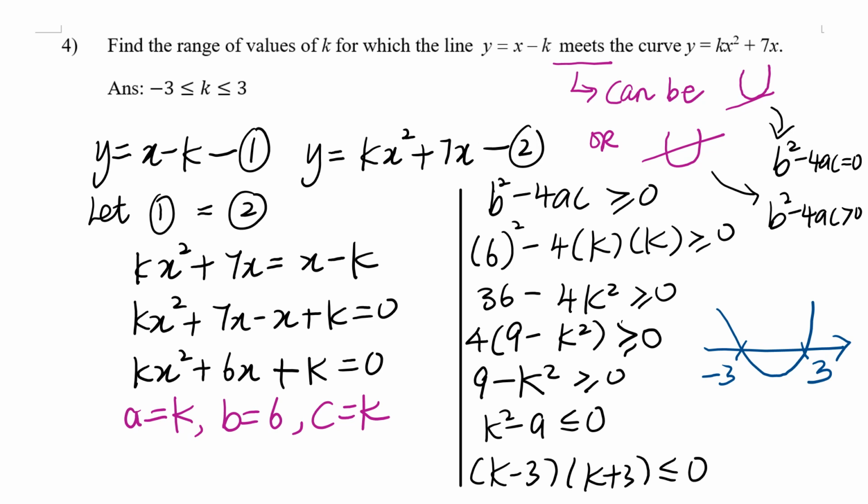Identify your two k-intercepts, which are negative 3 and 3, and then the corresponding values. Oh, I found a mistake here. This is not x, this is supposed to be k. So k is greater than or equal to negative 3 and less than or equal to 3. So that's the answer.